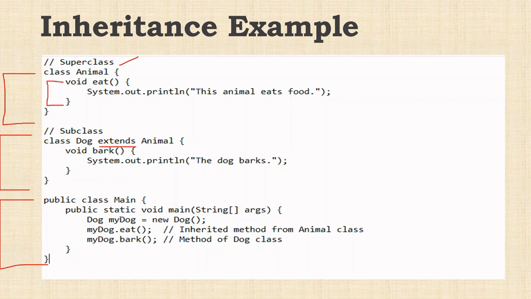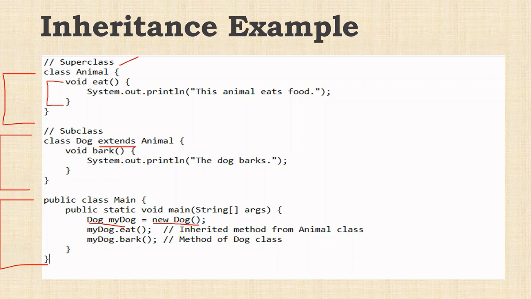So let's run and check how the result will be. Getting the instance of dog class, dog is equal to new dog, and dog dot eat, so we'll get the inherited method from animal class. The eat method is not present in dog class, but we are getting it from animal class because we are using the extends keyword here.